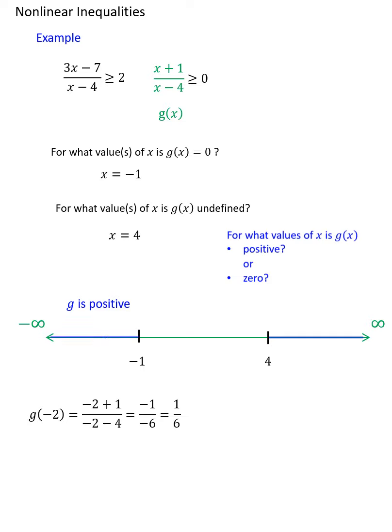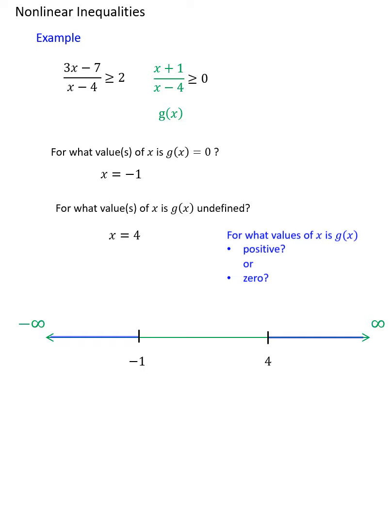But if -2 is a solution to the original inequality, so is every number from -infinity through -1. And so now what I've discovered is out of the 3 intervals created by the 2 transition points, 2 of them contain all the solutions, the one on the far left and the one on the far right.